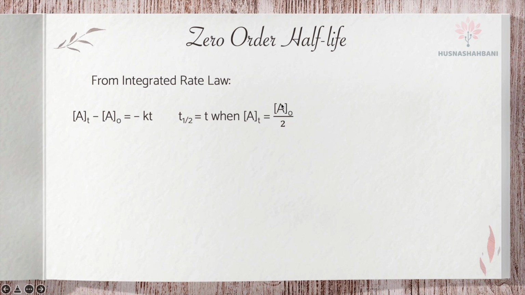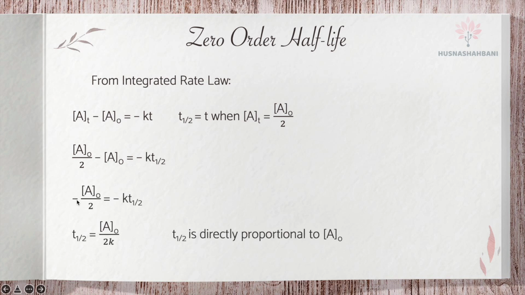So when [A]t is equal to [A]0 over 2, substitute into [A]t. So [A]0 over 2 minus [A]0 equals negative k t half. So this t is the half-life.